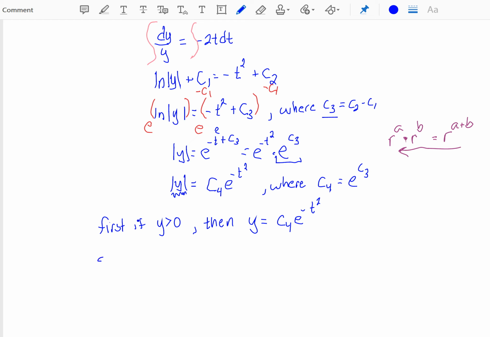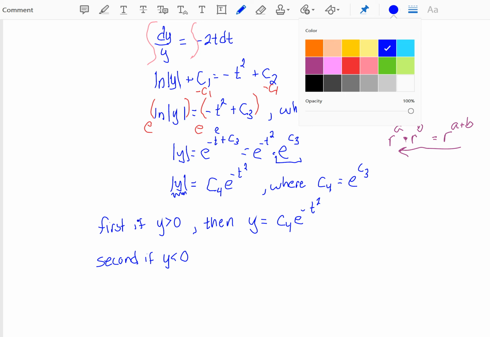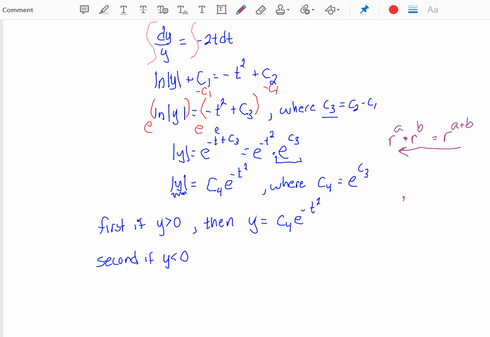Second possibility is if y is not positive, but y is less than 0. And remember what the absolute value does to a negative number. The absolute value of a negative number is always positive. I think we recall the absolute value of 3 is just 3. But the absolute value of negative 3 is also 3.